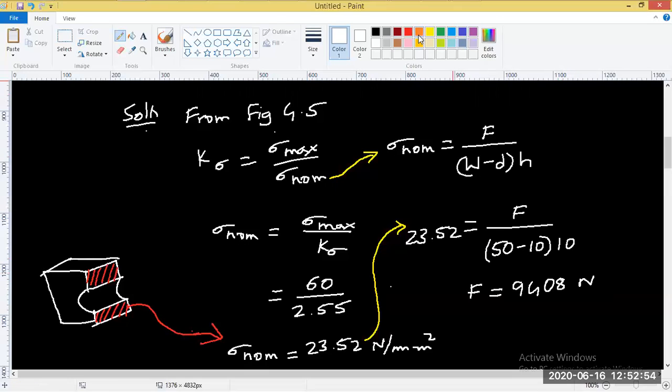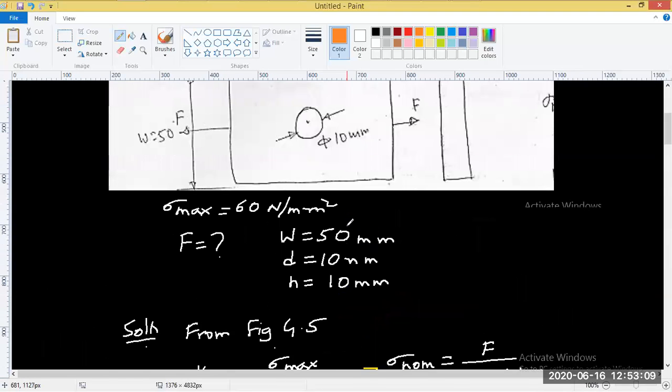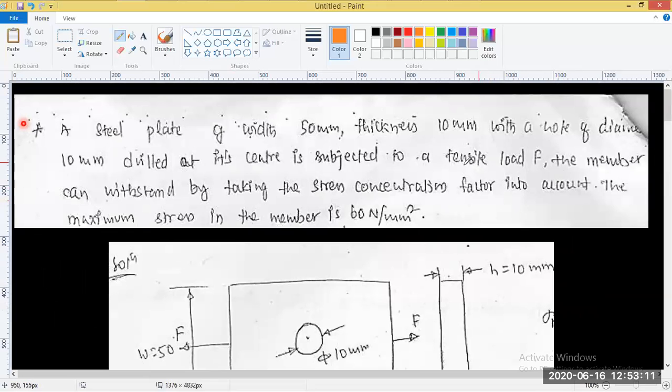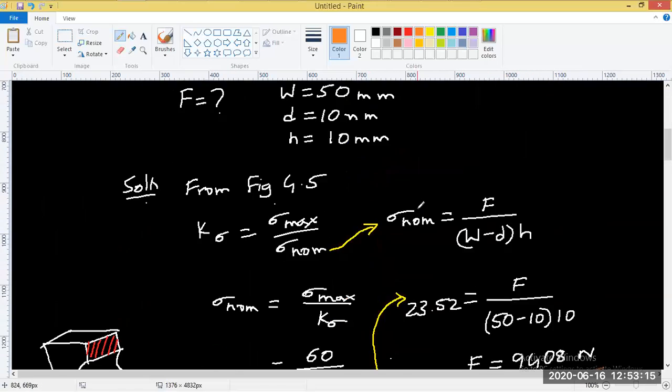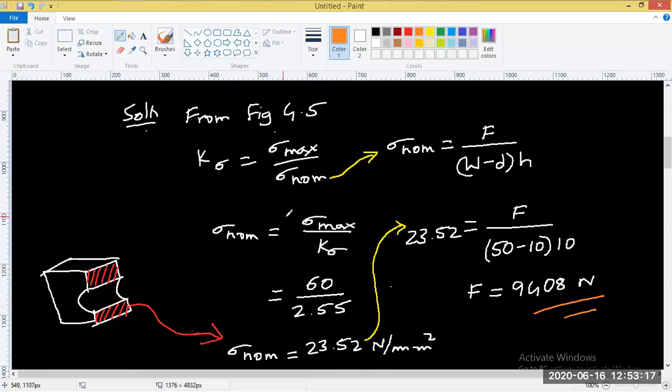That's our answer. What is the force required? I think that was what was asked in the question: what is the tensile load F of the member, what is the load applied? So this is the procedure it follows.